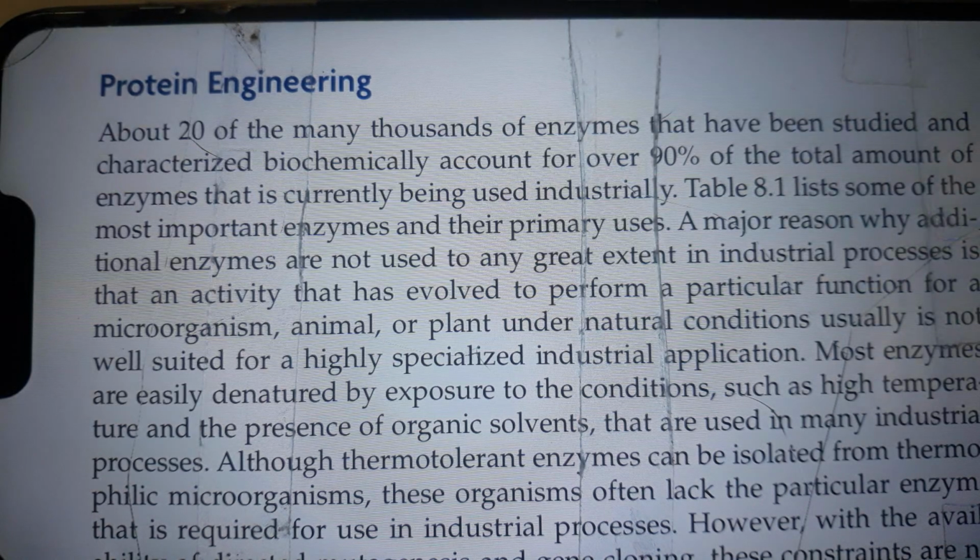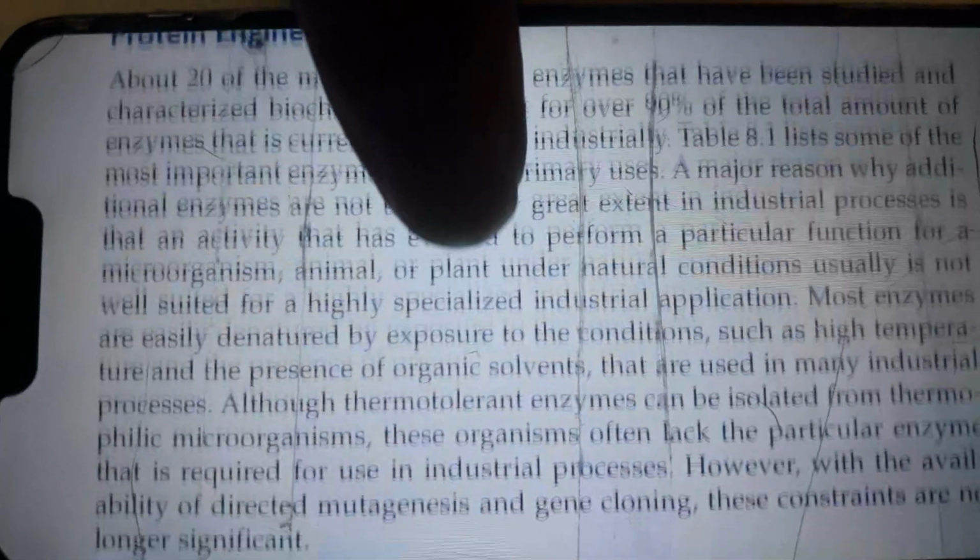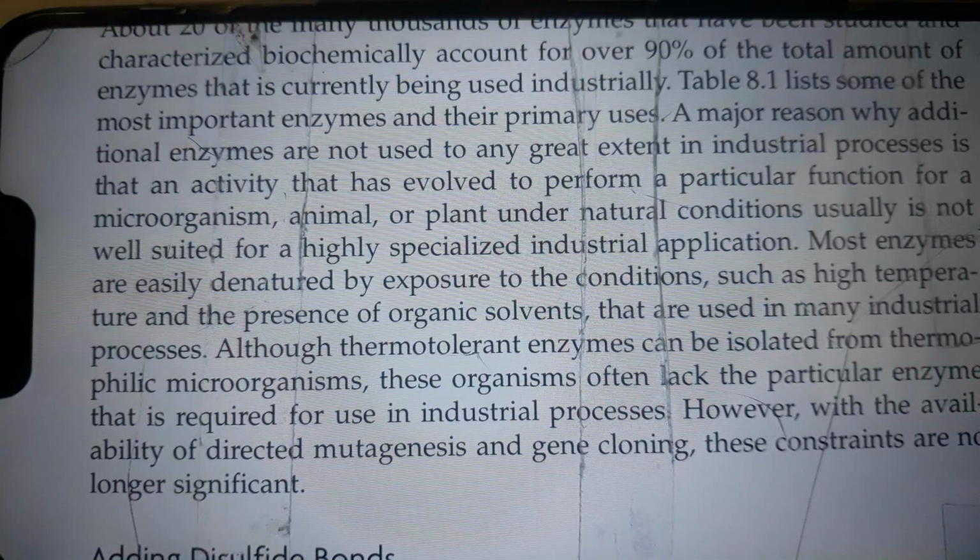Twenty of the many thousands of enzymes that have been studied and characterized biochemically account for over 90% of the total amount of enzymes that is currently being used industrially. Table 8.1 lists some of the most important enzymes and their primary uses.